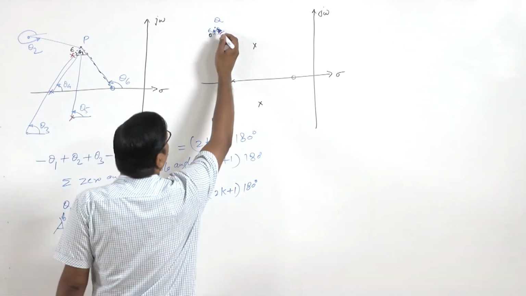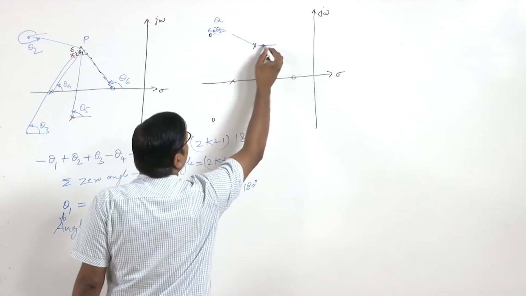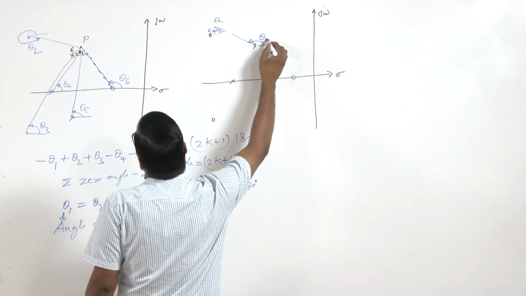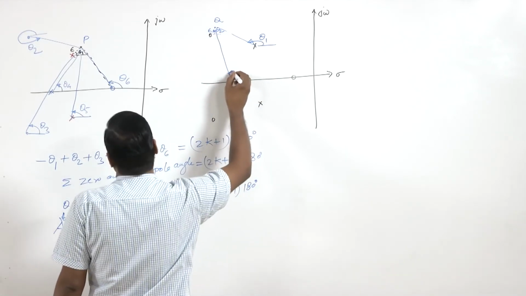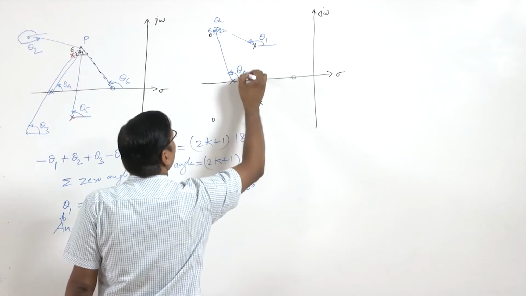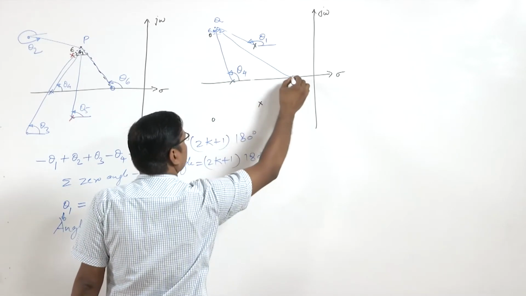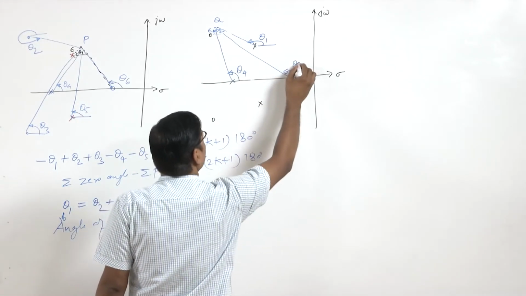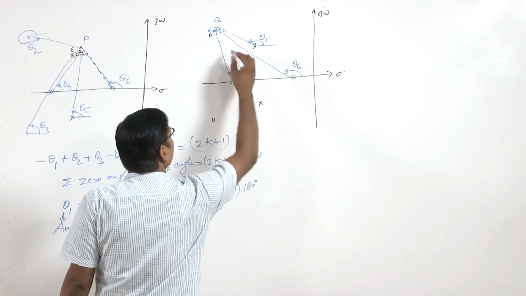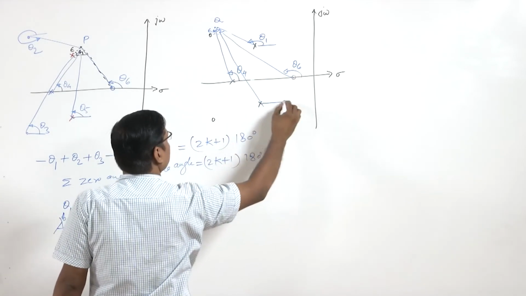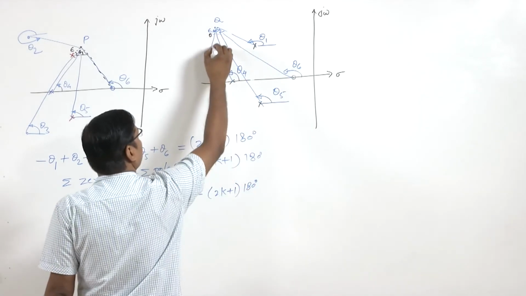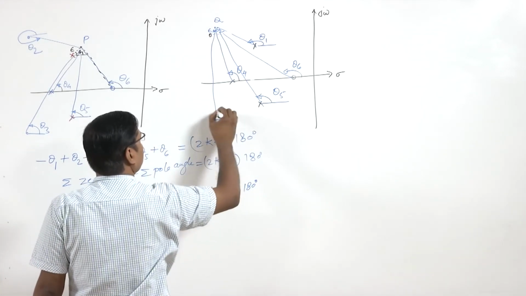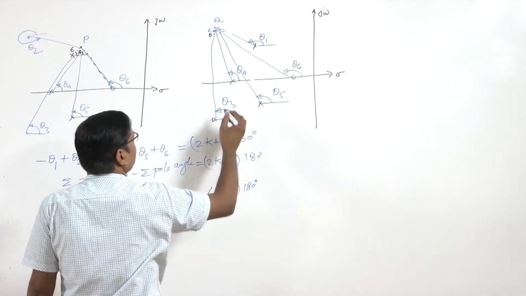The other angles are theta 1, theta 4, theta 6, theta 5, and theta 3.